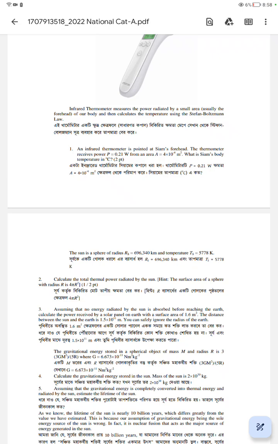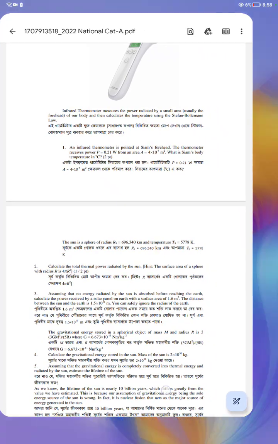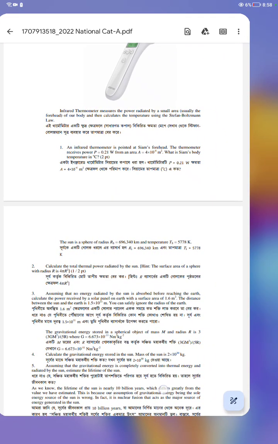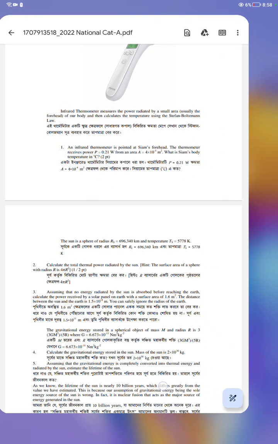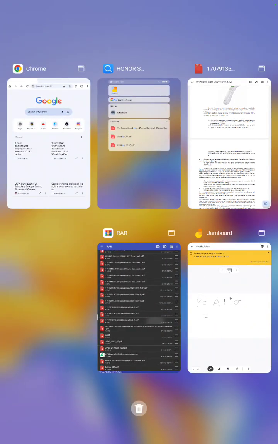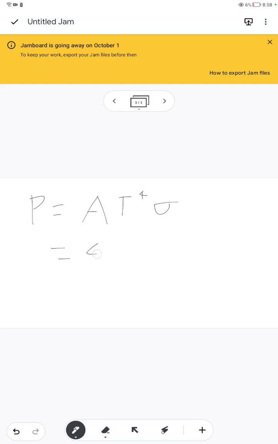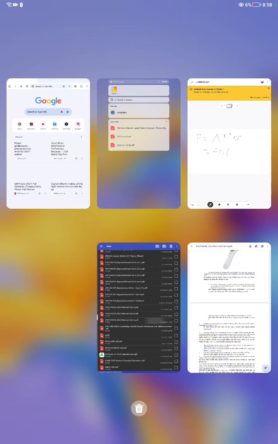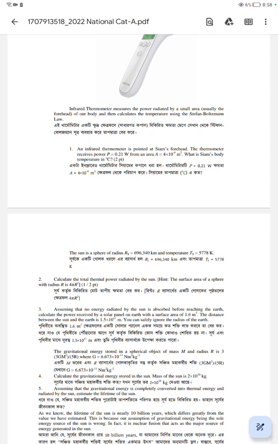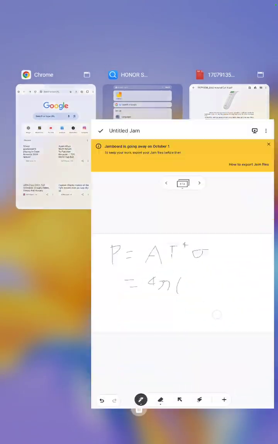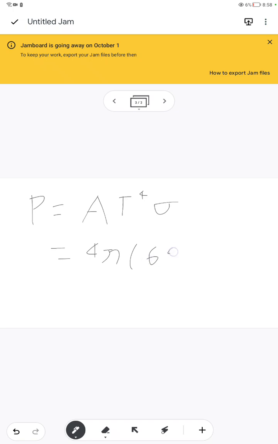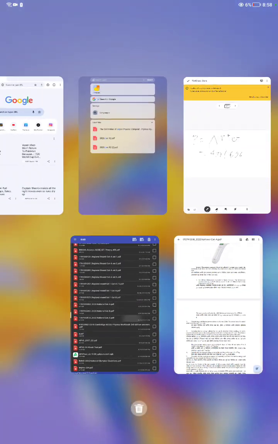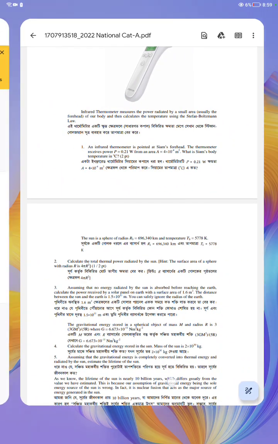It's in kilometers, so we need to multiply it by 1000 to get it in meters. It's very important that we make sure our units are in SI units. So it's 4 pi r squared. What will r squared be? First we need to convert it to meters: 696,340.